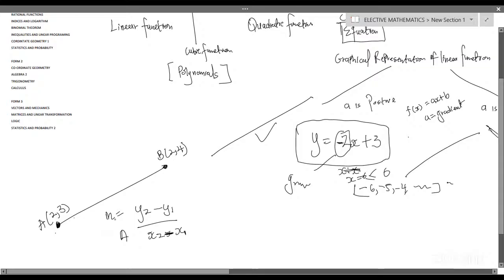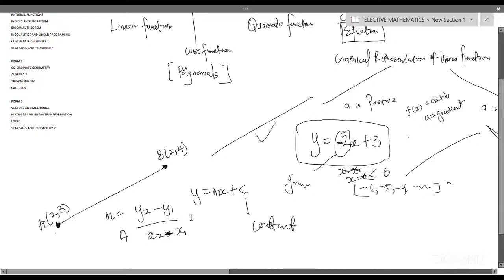And then the equation of the line is y is equal to mx plus c, and your c becomes your constant. This also can be a linear function, f of x is equal to ax plus b. When we are given this, they ask us to find the equation of the line that forms these 2 points.